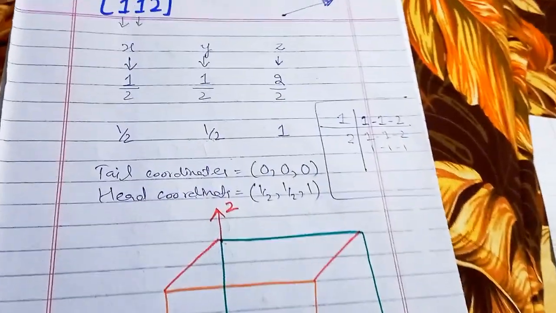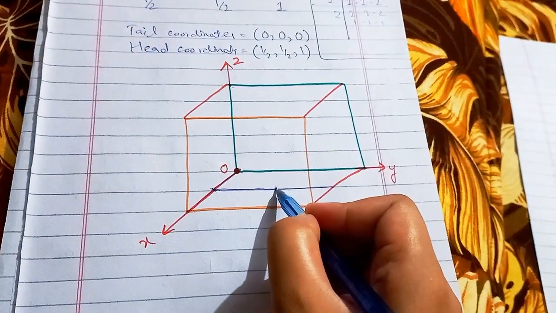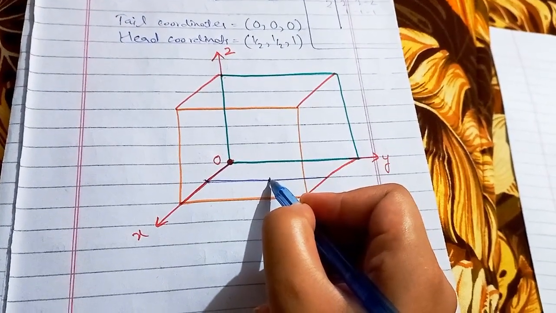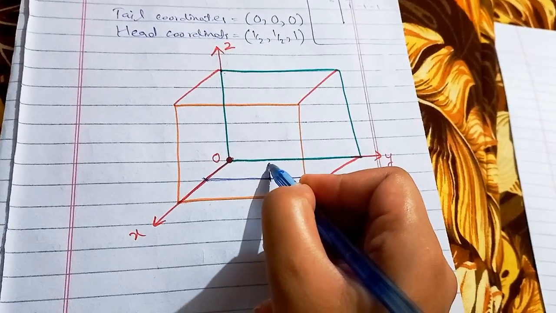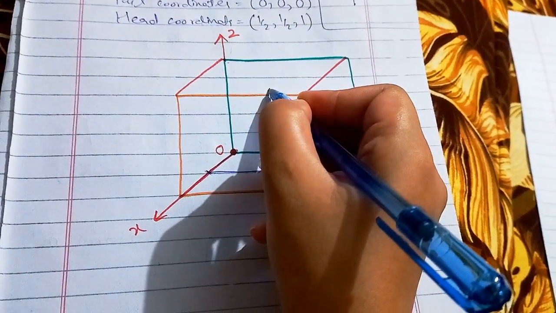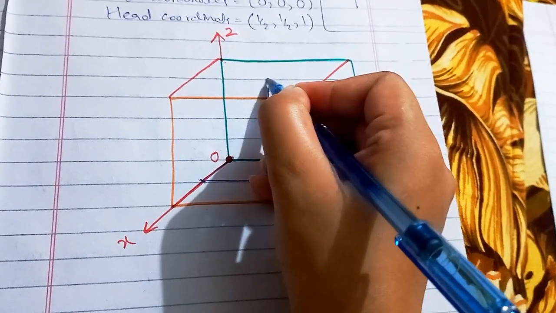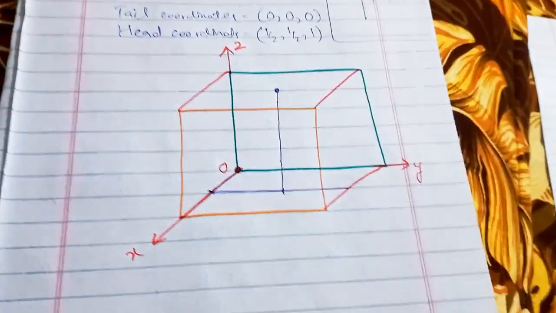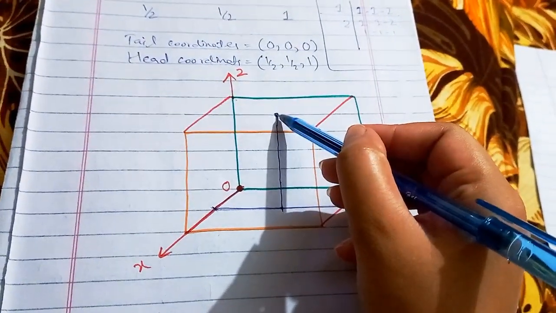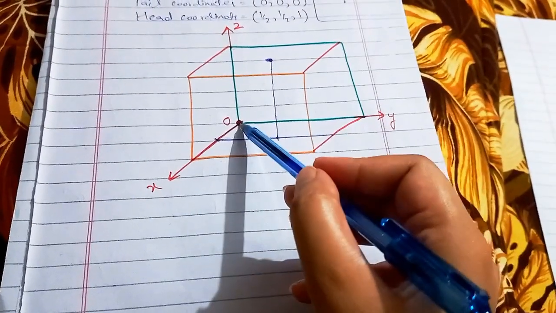Next is to move 1 unit along the z direction, which means vertically upward. We will be here. It's on the roof, at the center point of the roof, because we can see that it is half and half.